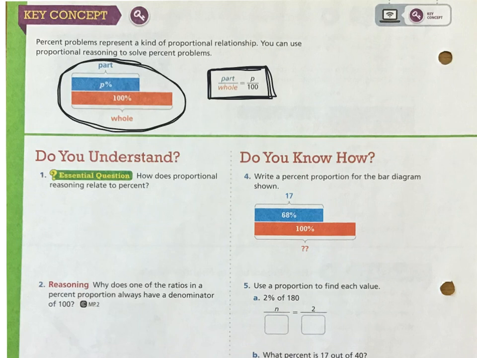So now what you're going to do on your own, and this comes from pages 146 to 148, I want you to try to set up on your own and solve numbers 2, 4, 5, 8 through 10, and 14.